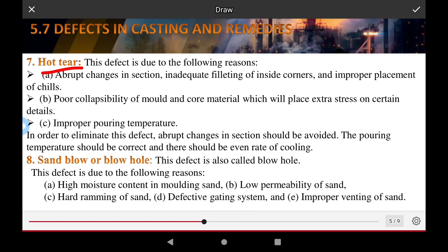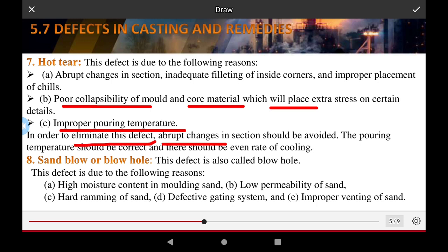This defect is due to the following reasons: abrupt changes of section, poor filling of the inside corner, improper placement of chills, and poor collapsibility of mold and core material, which causes extra stress. To eliminate the defect, abrupt changes in the section should be avoided, the pouring temperature should be controlled, and there should be an even rate of cooling.